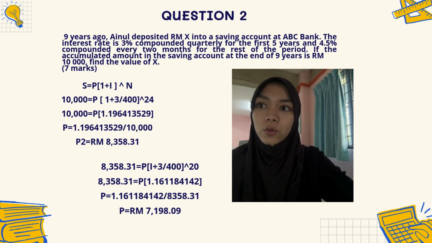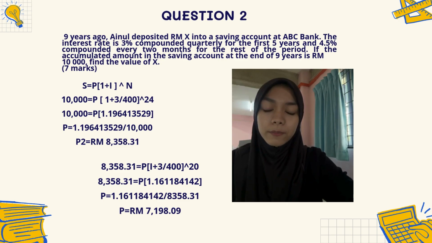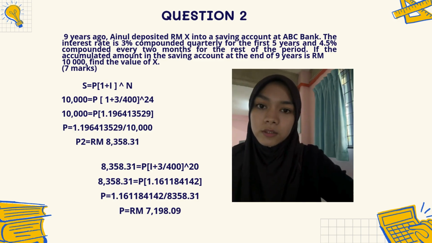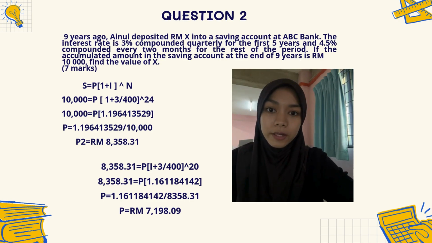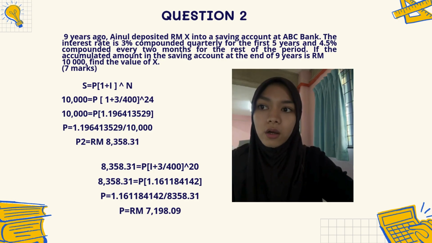If the accumulated amount in the savings account at the end of 9 years is RM10,000, find the value of X. So the formula is S equals P(1 + i) to the power of n. So for S is 10,000 equals P(1 + 3/400) to the power of 24.